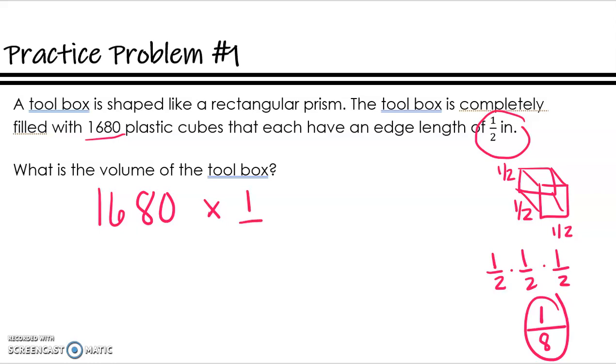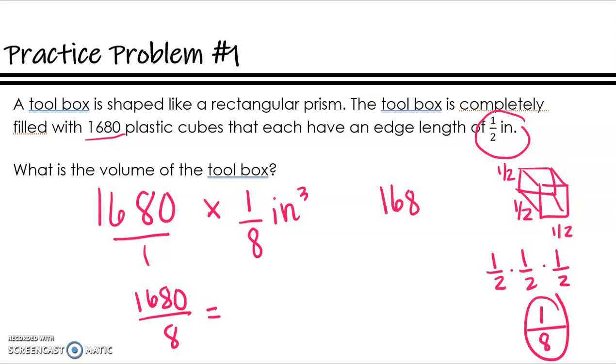So I'm going to multiply my total cubes by the volume of 1 cube. Okay, so I'm going to put that over 1. So I'm doing 1680 times 1, 1 times 8, and now I need to simplify that.